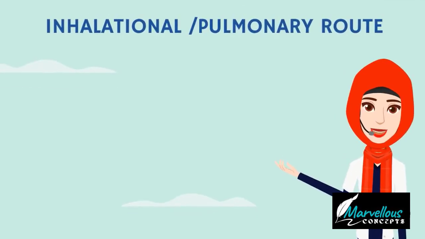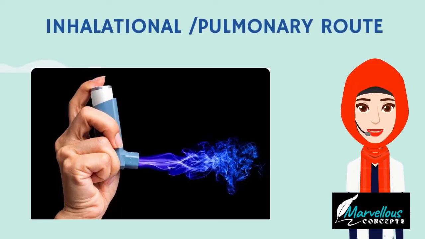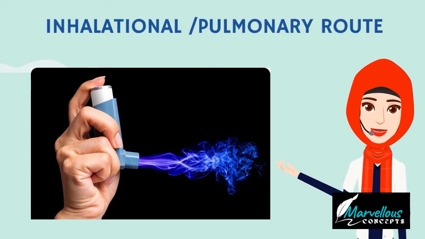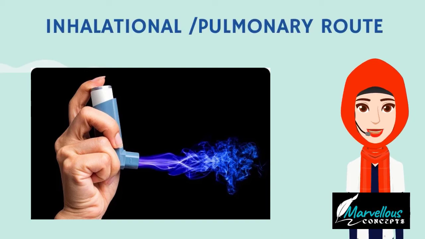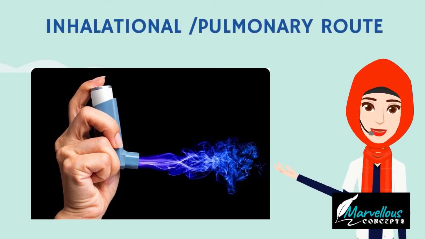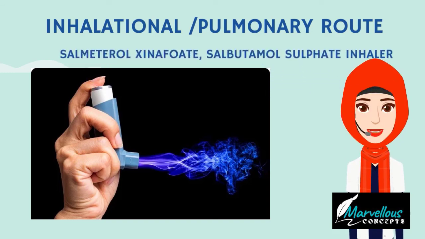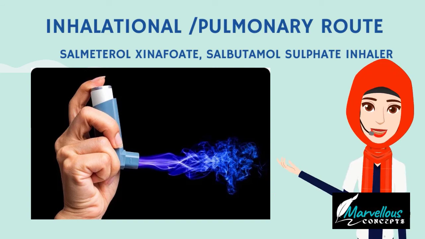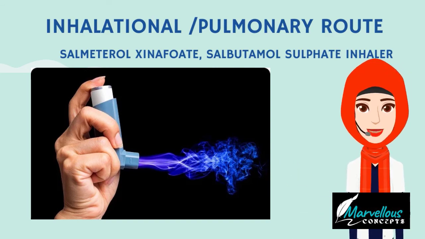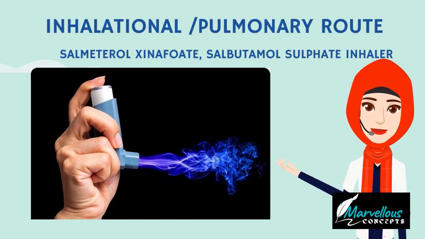Inhalational or pulmonary route. Inhalation is a frequent method of drug delivery for both local and systemic effects, using both powdered aerosols, for example, salmeterol xinafoate, and pressurized metered dose aerosols carrying the medicine in a liquefied inert propellant. This delivery mechanism is particularly beneficial for direct treatment of asthmatic disorder.